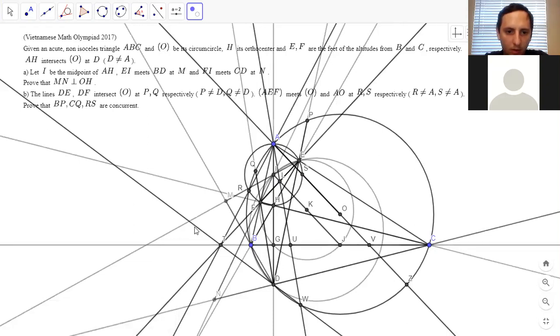How did we prove that T, D, and W are collinear? Oh, I'm actually not sure. I think I've seen it before, but I'll see if I can do it when we write it up. Let me hide a bunch of stuff.